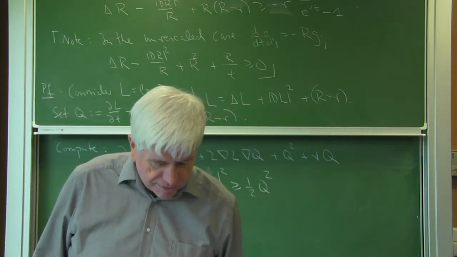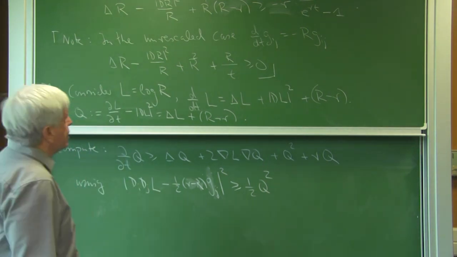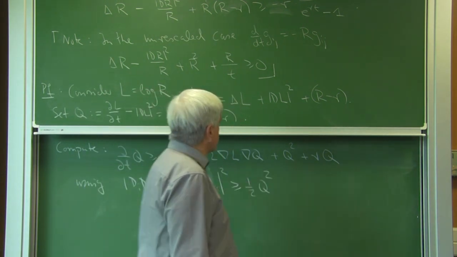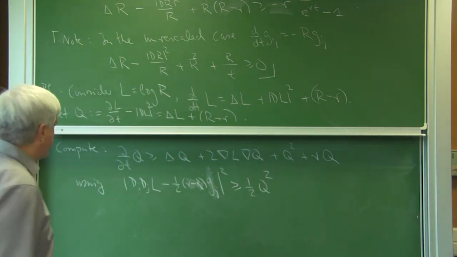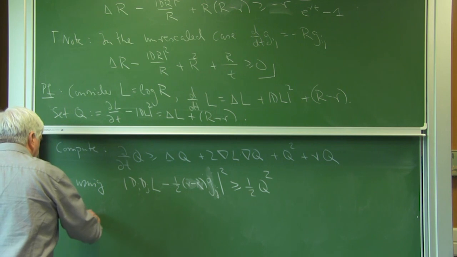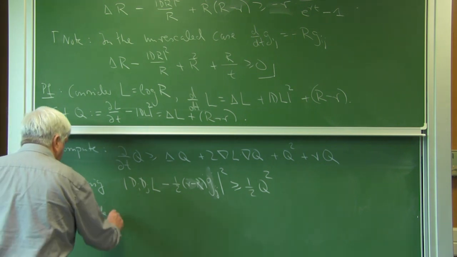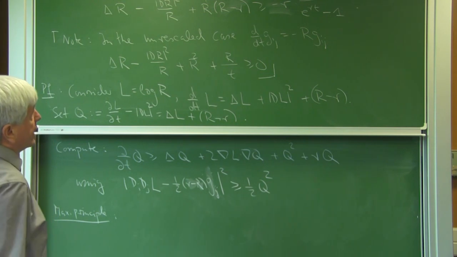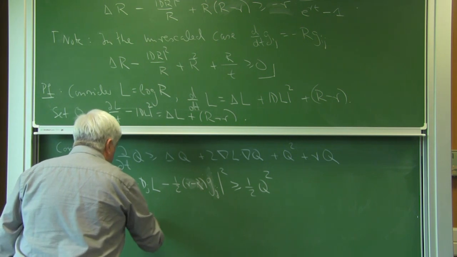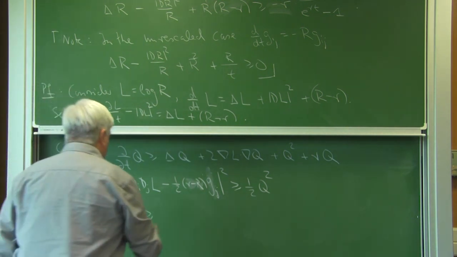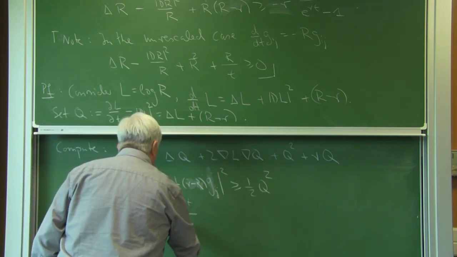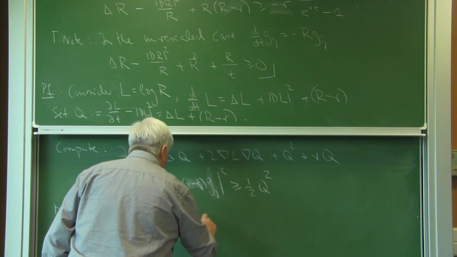And once you have this inequality, you can just integrate. Notice that the solution of this ODE, by the maximum principle, is exactly the quantity that I had claimed on the right hand side. So you get that Q is bigger than minus R times e to the RT divided by e to the RT minus 1.